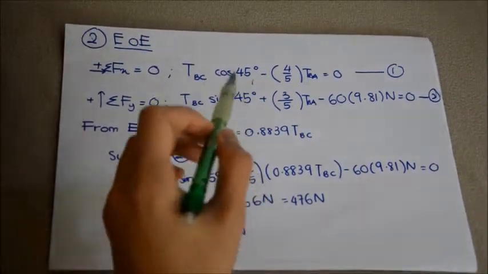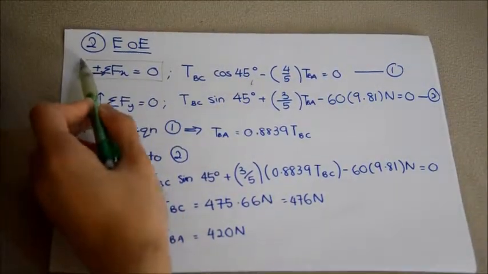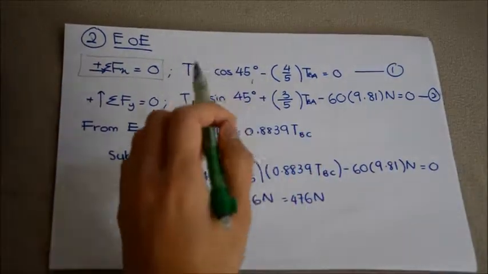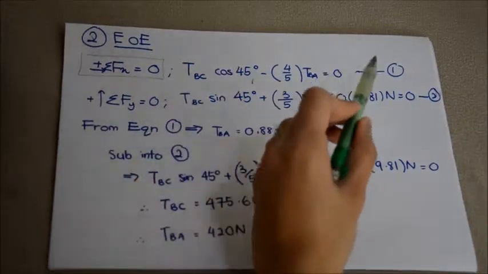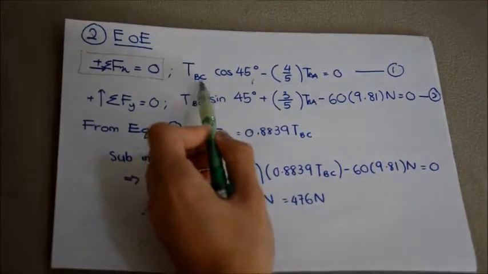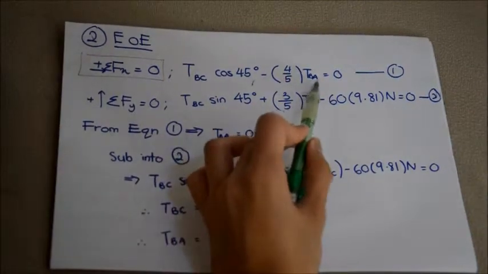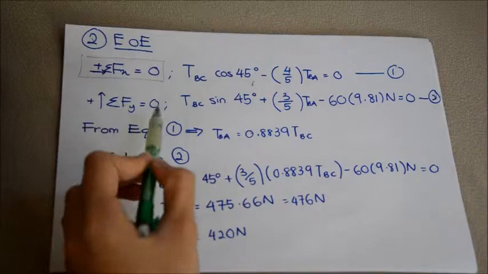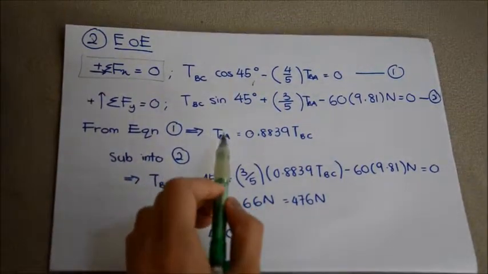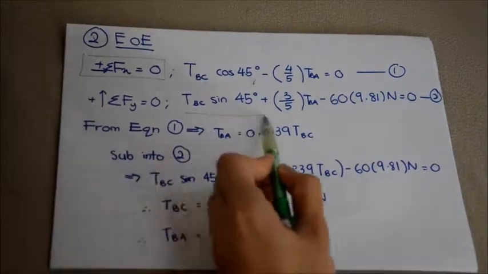So, the next step is applying the equation of equilibrium along the x and y axis. Now, we have the summation of forces in the x-axis equal to 0. Therefore, by using trigonometry, we will have our first equation, which is TBC cos 45 minus 4/5 TBA equals 0. Same goes for the y-axis. We will have our summation of forces in the y-axis as our second equation.